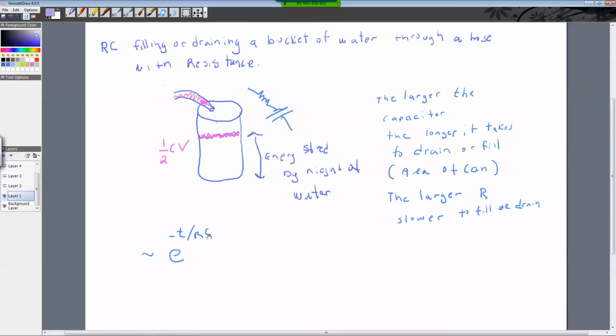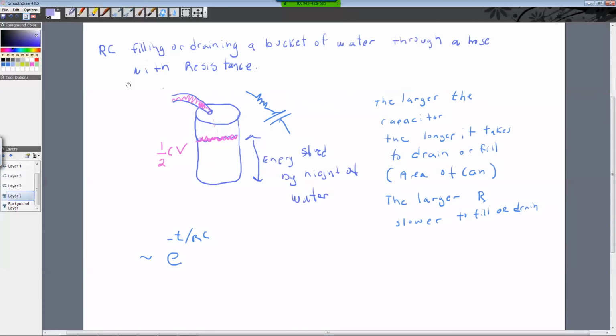The bigger C will cause it to take more time to get to a certain spot. The bigger the R, it'll take more time to get to a certain spot. And the smaller these are, the less time it'll take. And so maybe at some point we're just memorizing that.